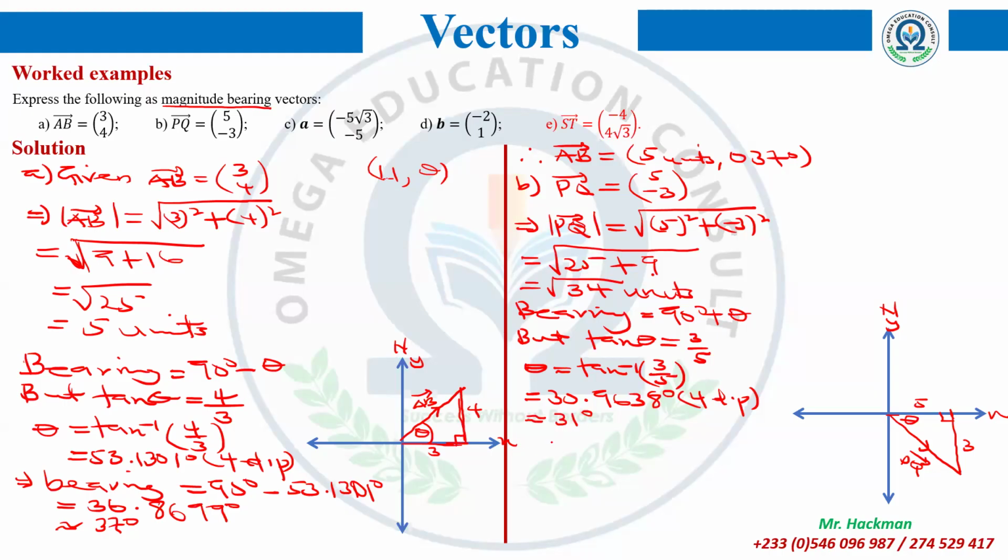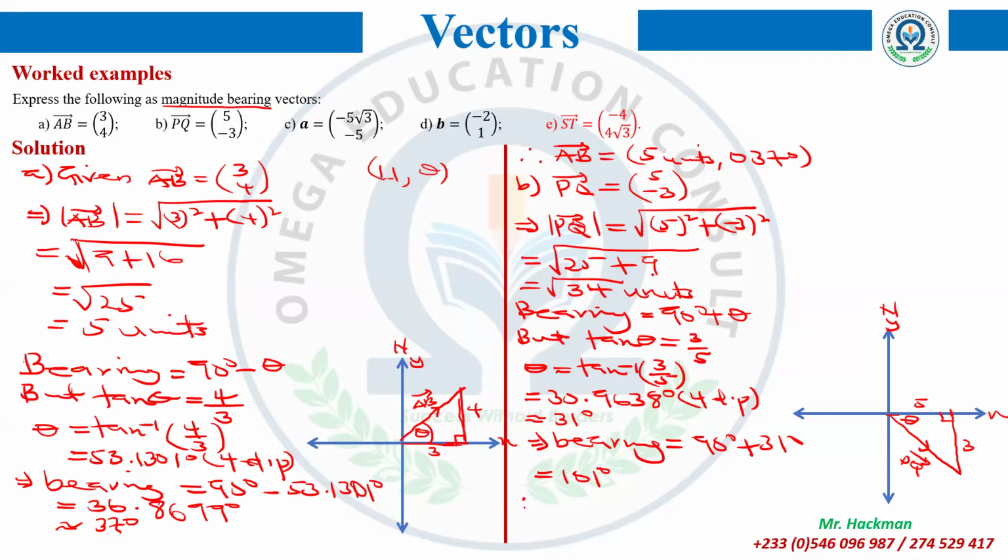So I can say that this implies that my bearing will be equal to 90 degrees plus 31 degrees, which will give us what? 101. Is that clear? Yes, please. Okay, so 101 degrees.